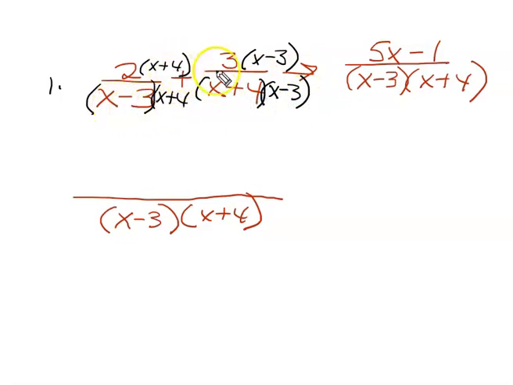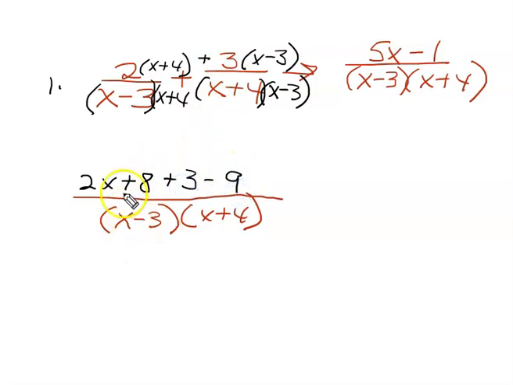And now both fractions have the same denominator. But I need to collect like terms on top here. So let's do that. So I get 2x plus 8. And remember there's a plus here. This becomes plus 3x minus 9.